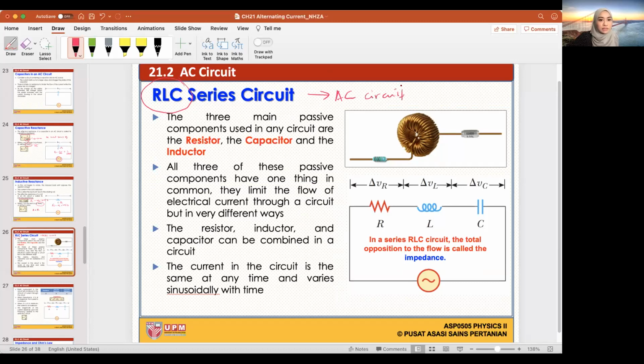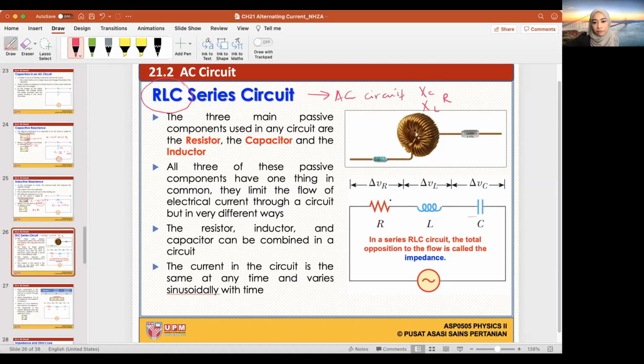Always. Untuk kita punya syllabus lah. Okay, RLC series circuit, always talking about AC circuit. When you talk about AC circuit, you know that we have capacitive reactance, inductive reactance, and also R. Okay, so this guy is in series. R is in series with L, is in series with C.